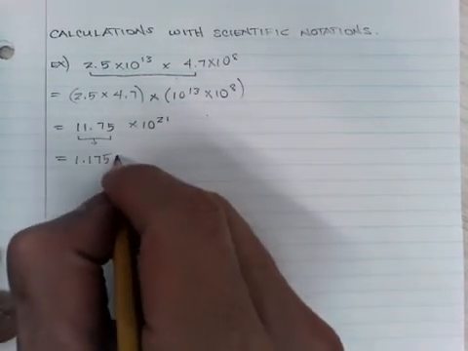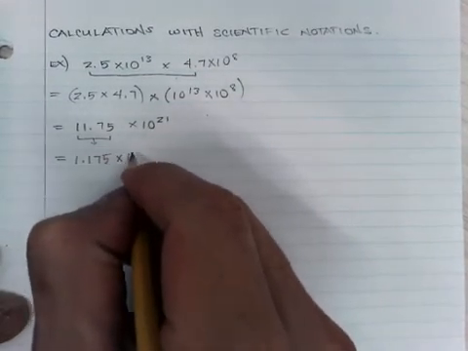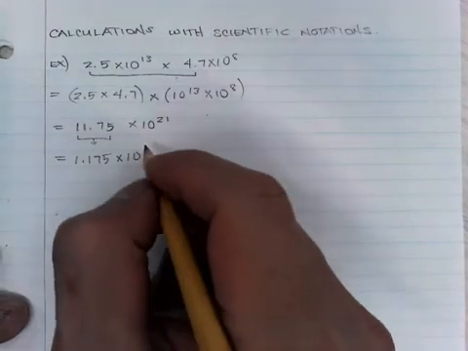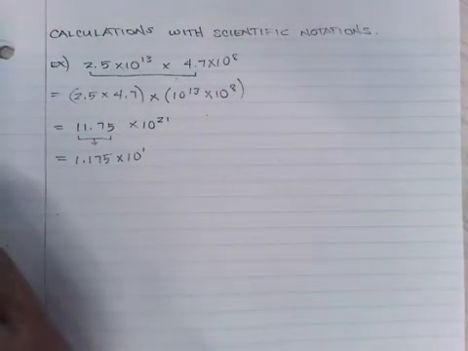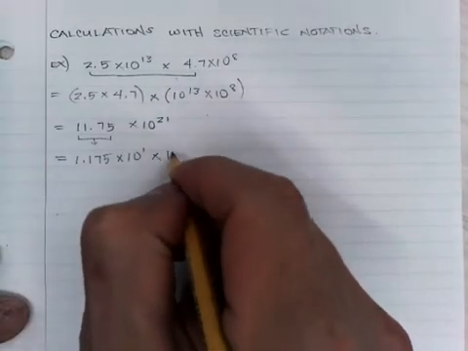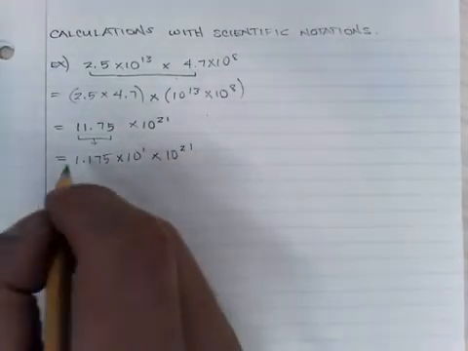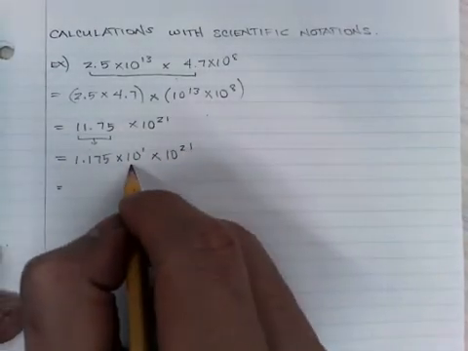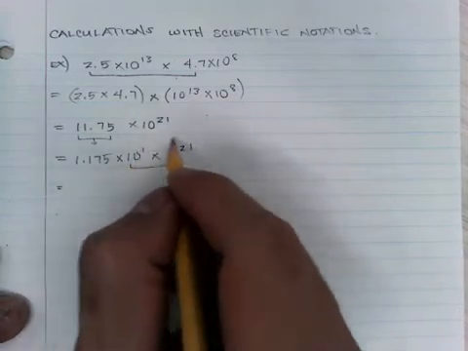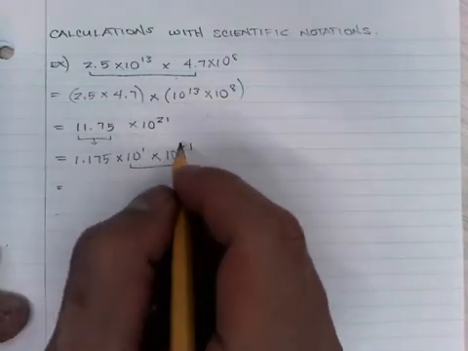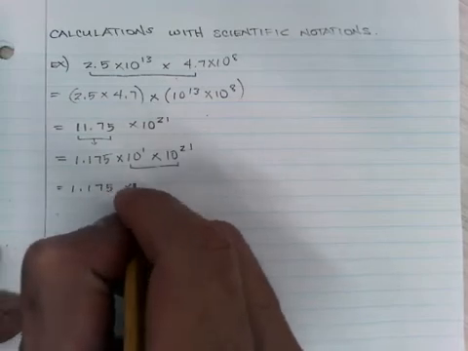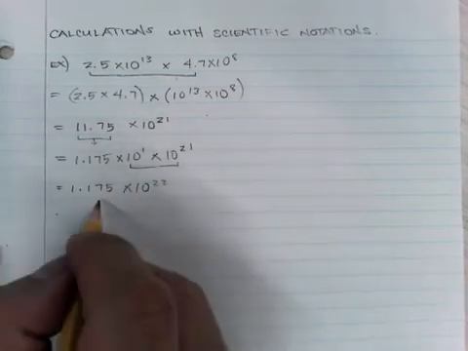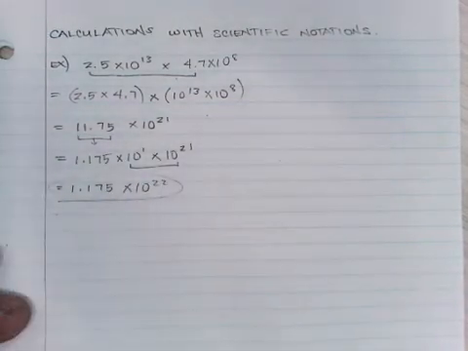So 11.75 in scientific notation by itself is 1.175 times 10 to the 1, and that's still being multiplied by 10 to the 21. Now you add the exponents for these two base 10s, so you have 1.175 times 10 to the 22. And this is our final answer.